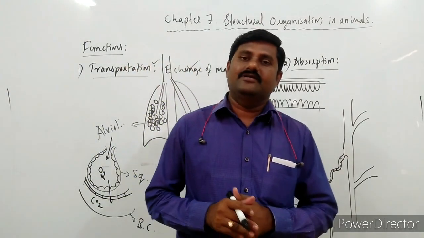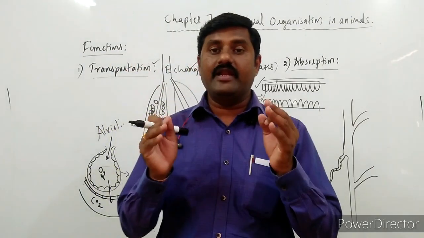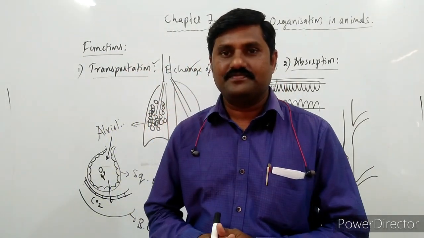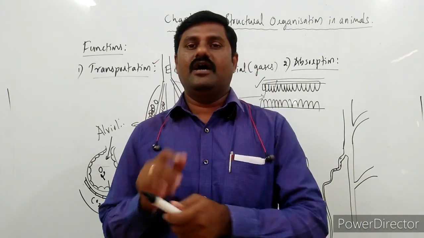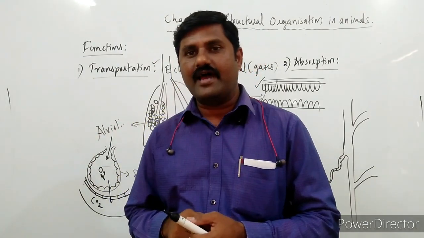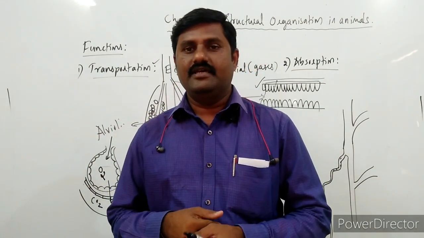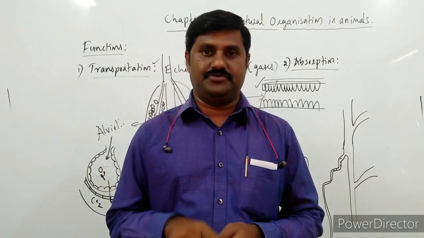Okay, and so one more thing is what it helps for. Mainly it helps for protection. See here, the epithelial tissue which is present on the skin uncovers the body of the organisms externally, hence it helps in protection of the underlying tissues.